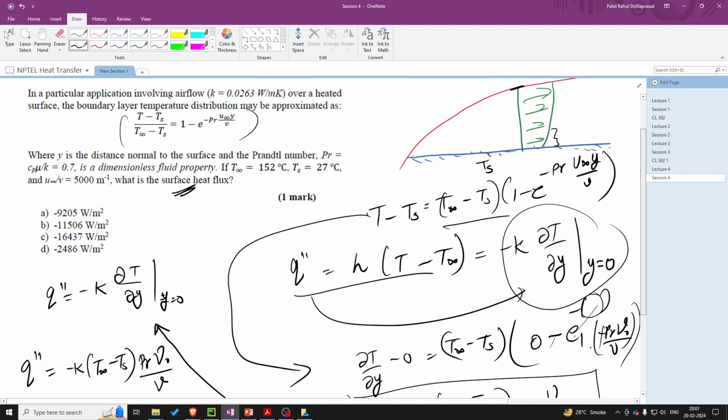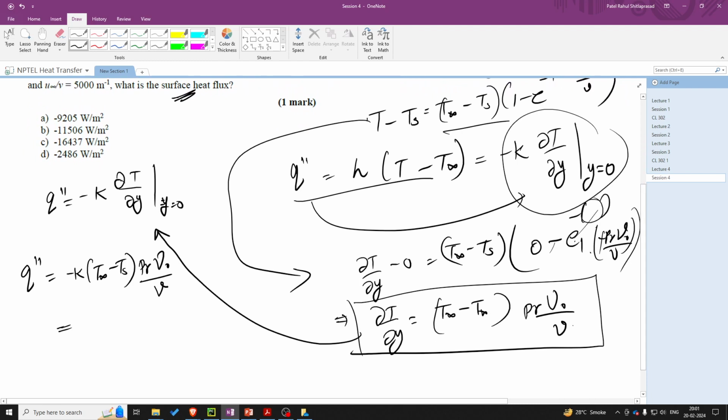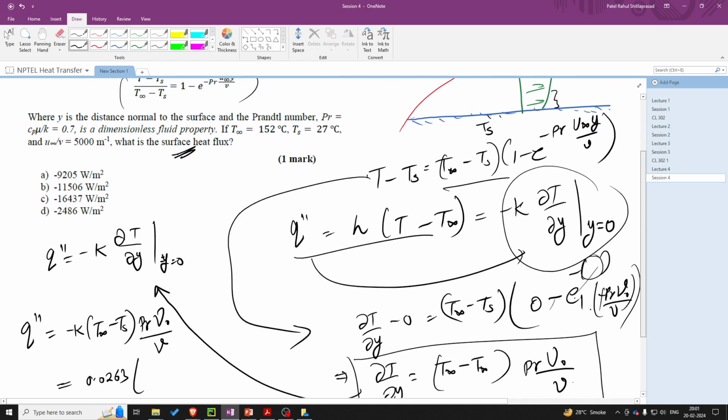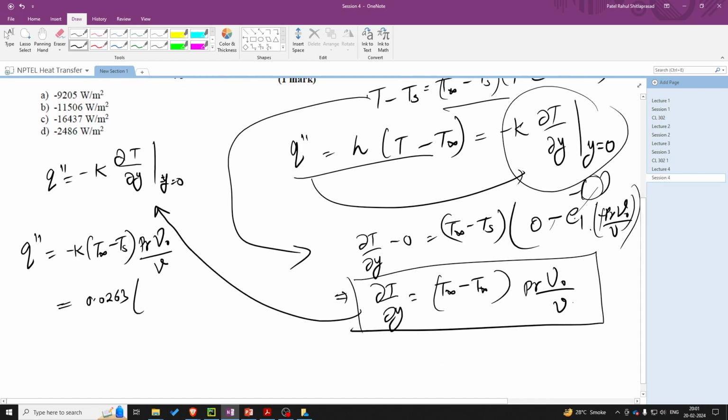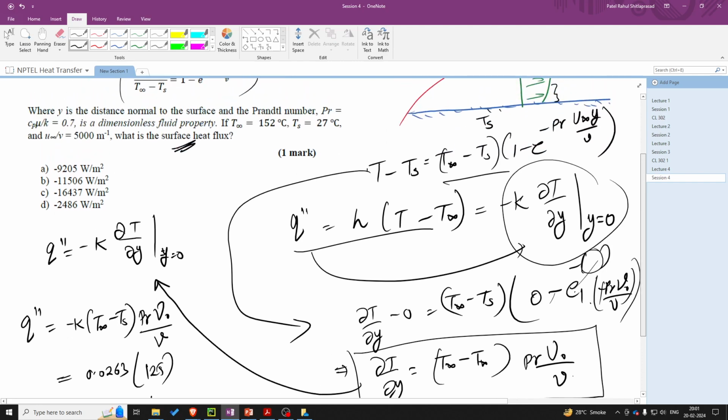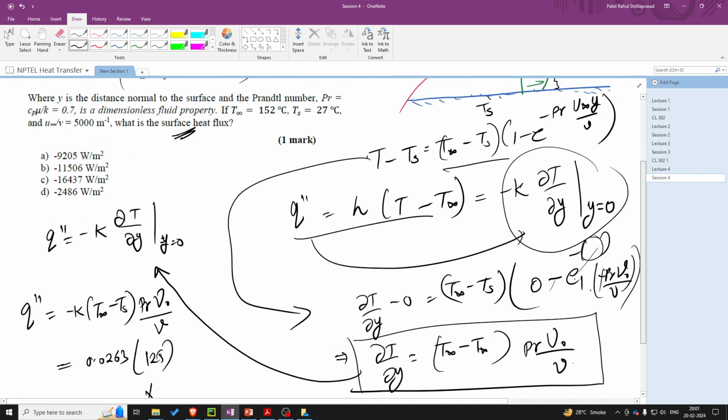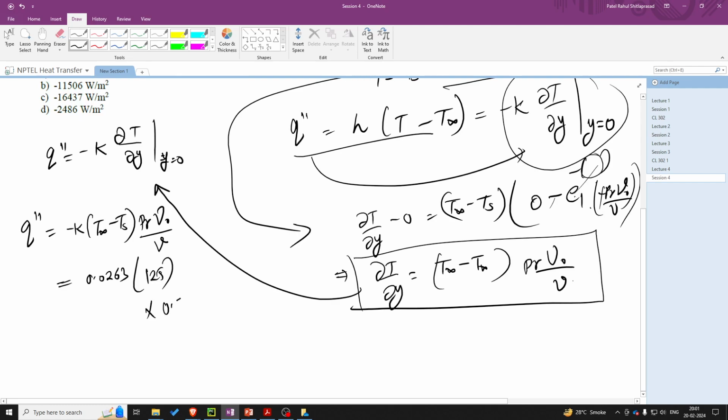The value of thermal conductivity is given as 0.0263. Then T infinity and Ts are given as 152 and 27, so 152 minus 27 will be 125. Then the Prandtl number is 0.7, and we have been given this ratio as, I think, 5,000.